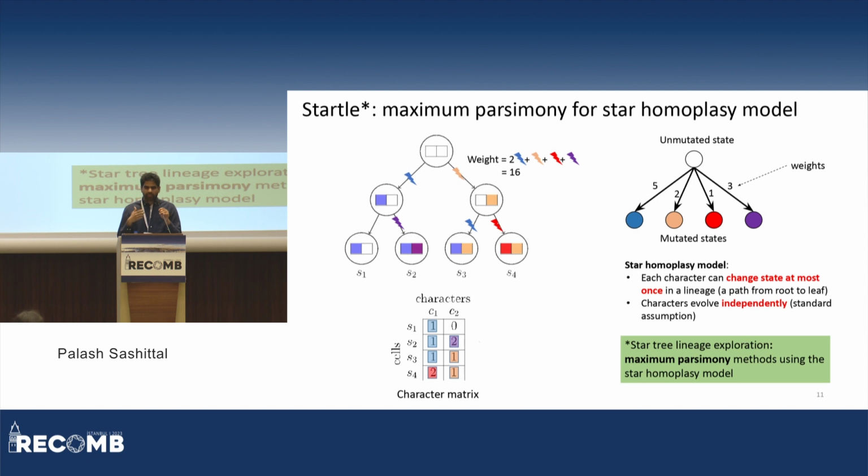If your mutation is more likely to occur during your experiment, then you'll have a smaller weight in your state transition graph. Your goal is, given a character matrix, to build a phylogeny where the leaves are the rows of this character matrix, and you want to minimize the total weight of this tree. The total weight is given by the sum of the weights of the state transitions along the edges of this phylogeny.